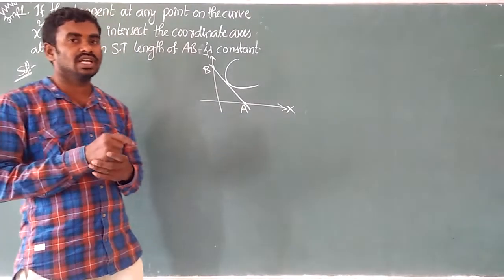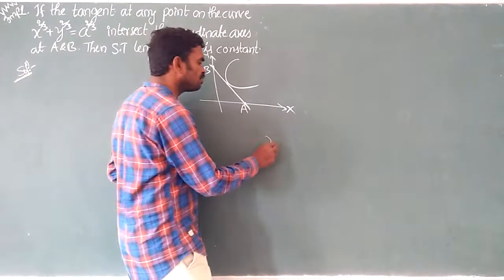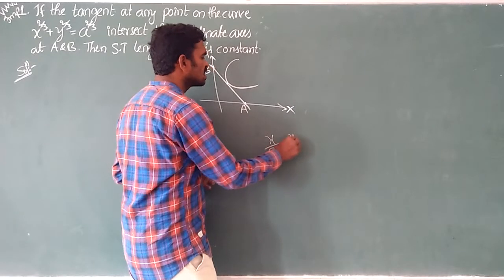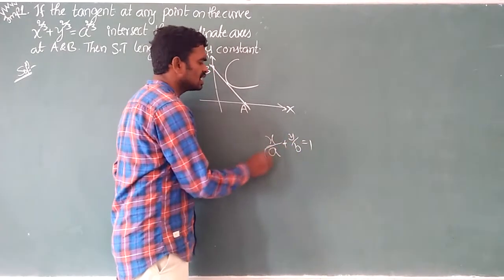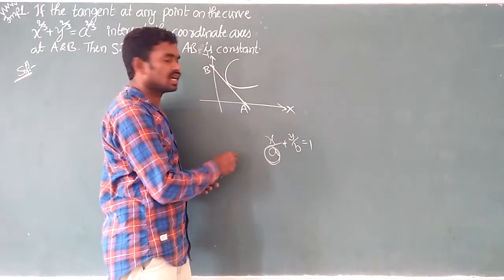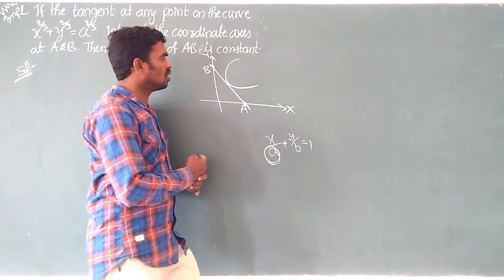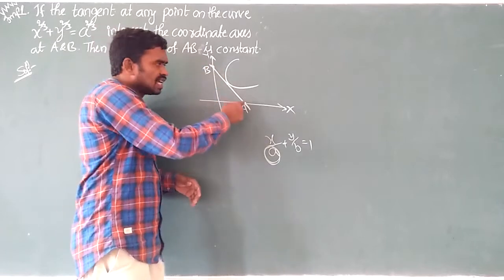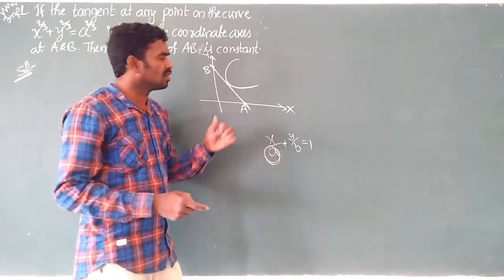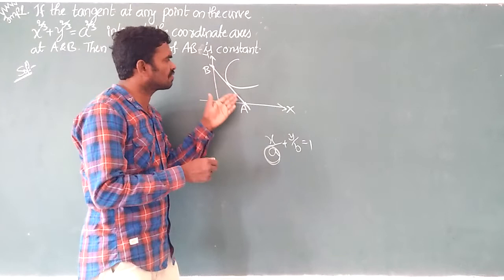In the intercept form, x by a plus y by b equals 1, where a is the x intercept and b is the y intercept. So first we have to find the equation of the tangent. Keep that in mind.